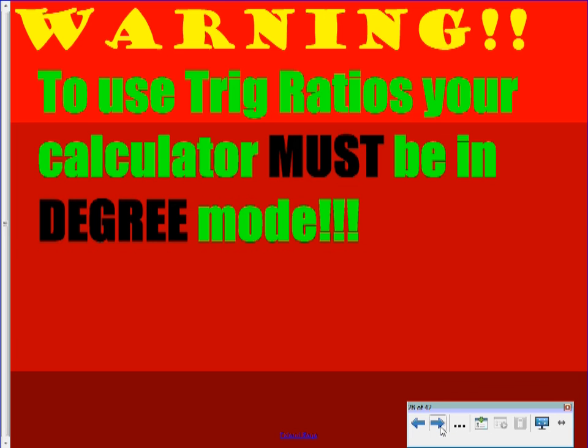If you have a scientific calculator at home, or you're using a scientific calculator on your computer, that is already the case. It's only on your graphing calculators that there is the option of changing that.